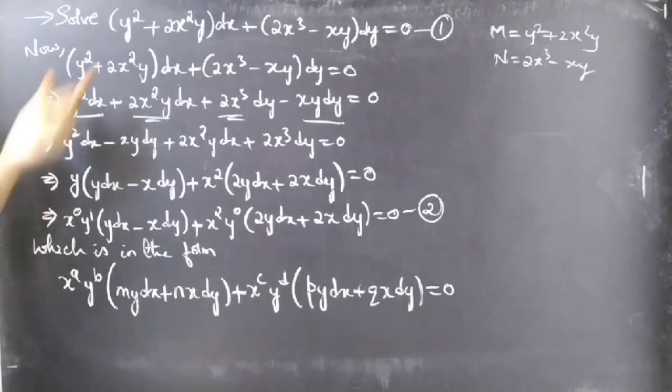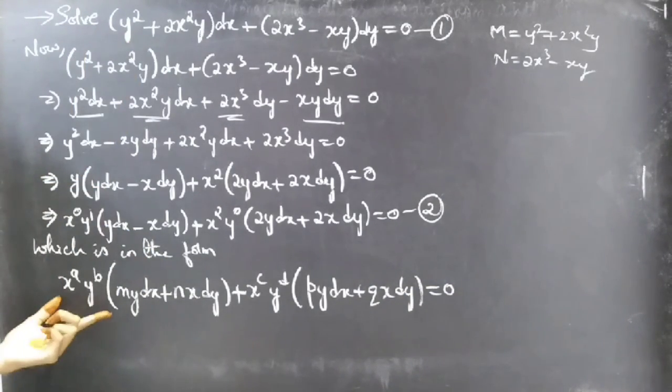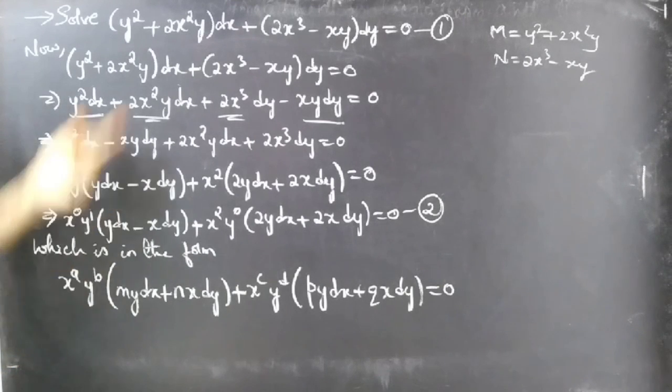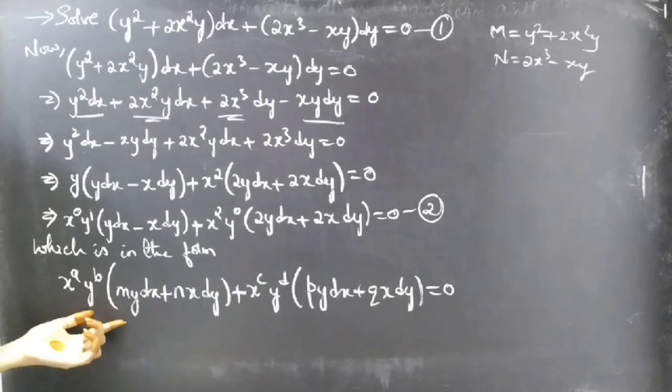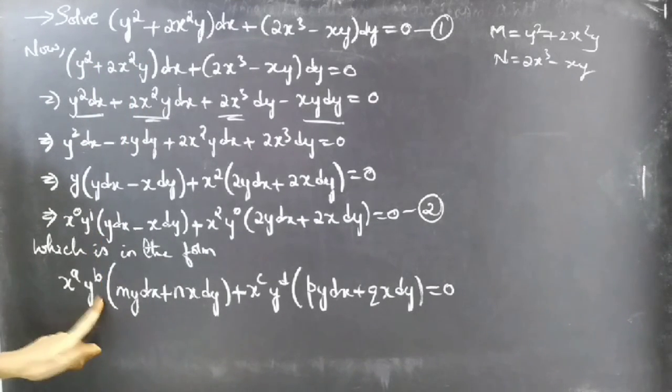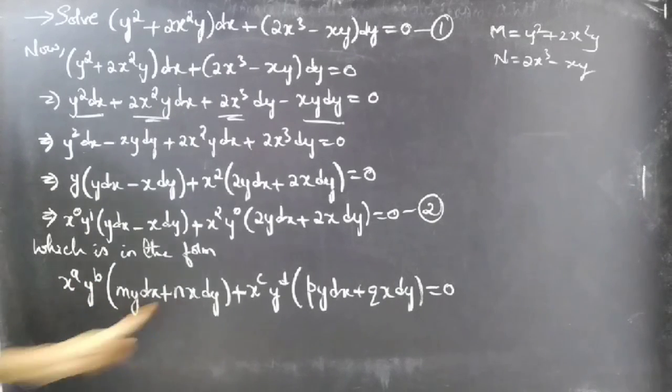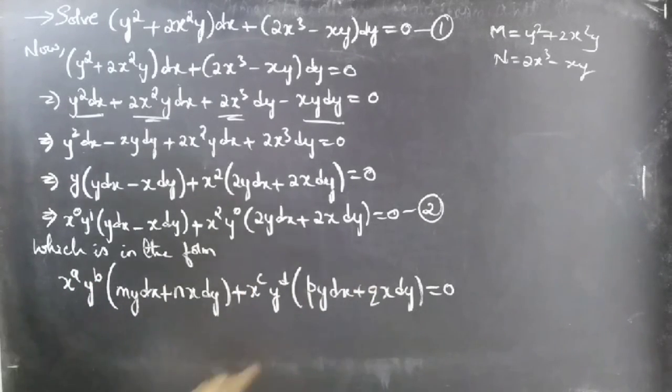So we can write the given differential equation in this form, right? We wrote the given differential equation in this form. By comparing these two, we'll get a, b, m, n, c, d, p and q, right?